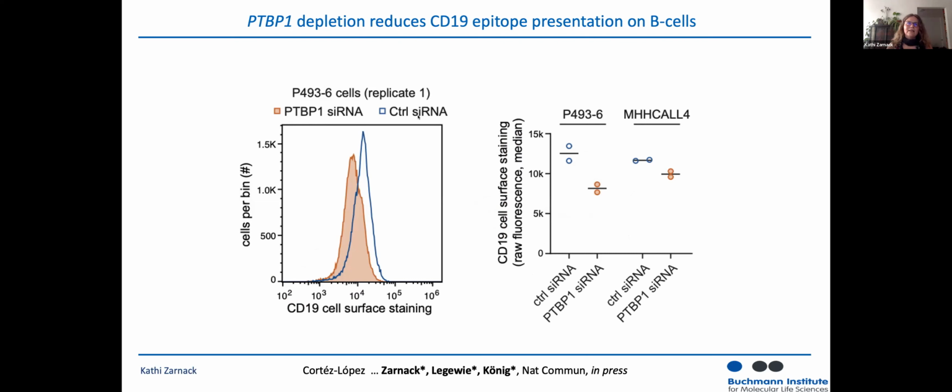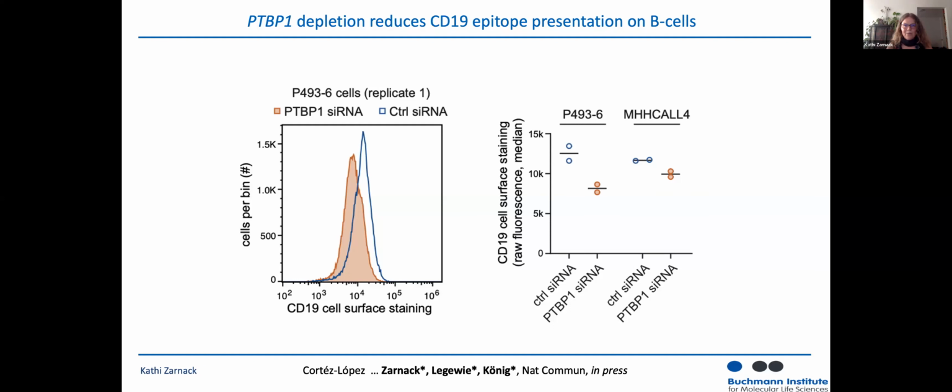And we can actually see that the knockdown of PTB leads to a strong and significant reduction of the surface exposition of CD19 epitope on the B cells, which would indicate that indeed a loss of PTBP1 could lead to reduced CD19 epitope exposure and thereby reduced targeting by the CAR-T19 therapy.